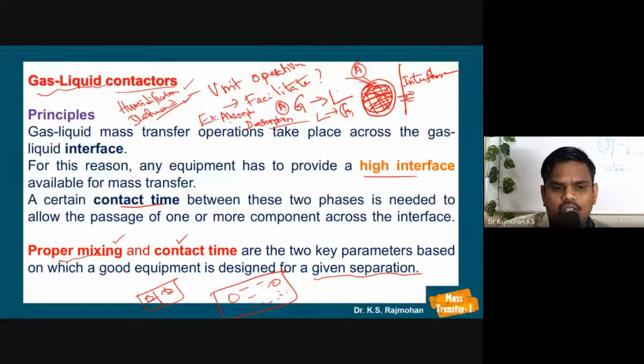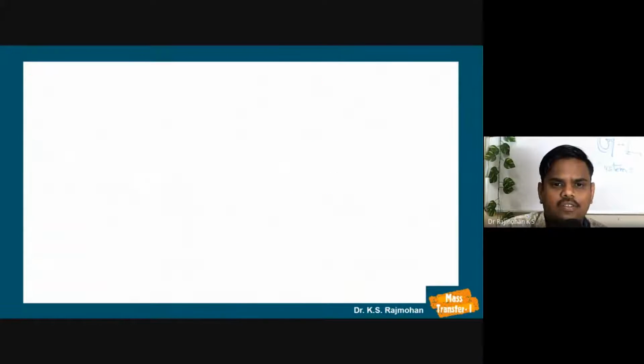To explain why proper mixing and contact time are important, I will give you an analogy. Say a gas phase is there and a liquid phase is there, and mass transfer, that is the transfer of solute A from gas to liquid or liquid to gas, has to take place.